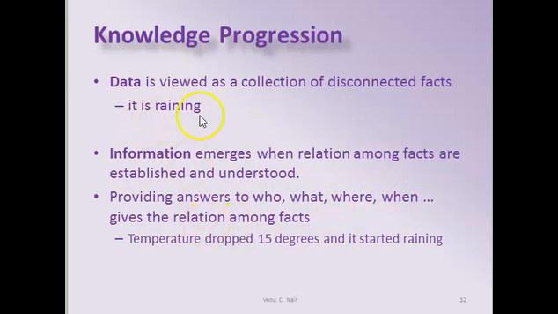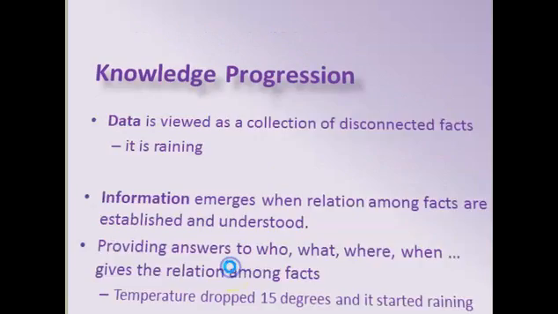Suppose it is raining is being converted into information. As an example, we can say that temperature dropped 15 degrees and it started raining. So we have given some meaning to the raining process as the reason to rain was the drop in the temperature below 15 degrees. So it gets some meaning. So that becomes an information.